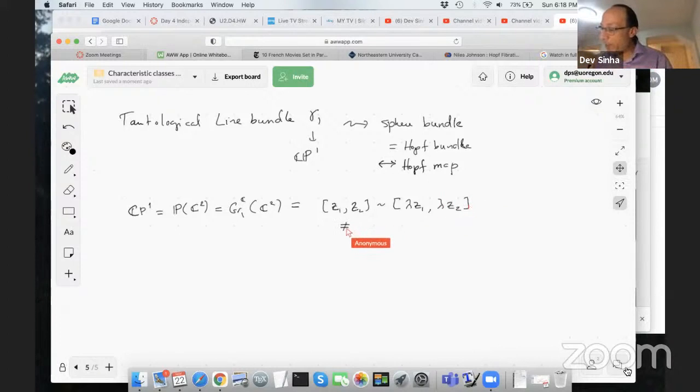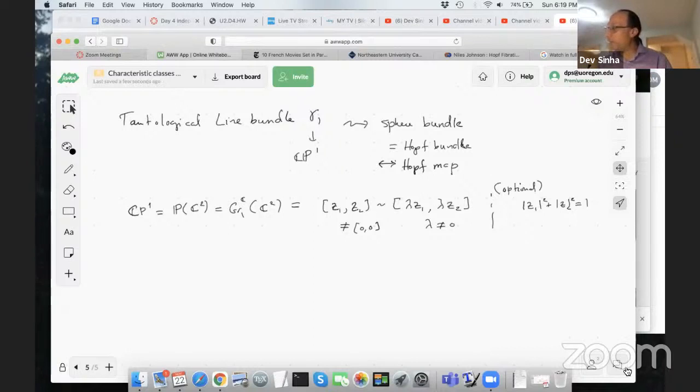And what I want is that I don't allow 0, 0 among these, and I don't allow 0 among the lambdas. And optionally, I get the same space if I restrict to those where these are on the unit sphere for the complex numbers.